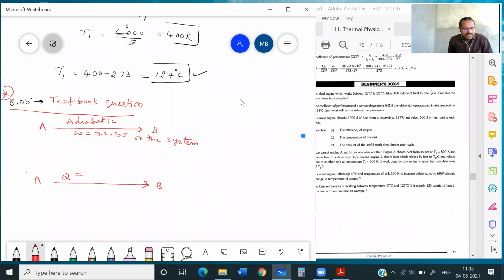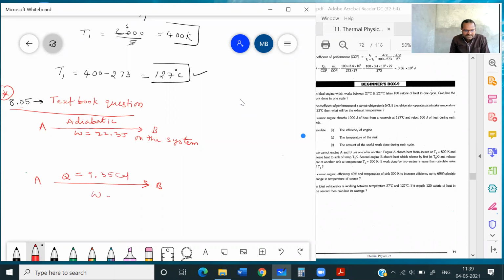Net heat absorbed by the system is 9.35 calories, they said. Then how much is the net work done by the system in the latter case?